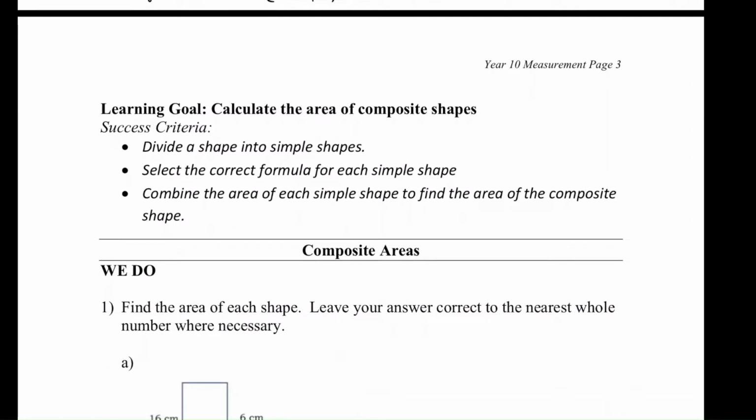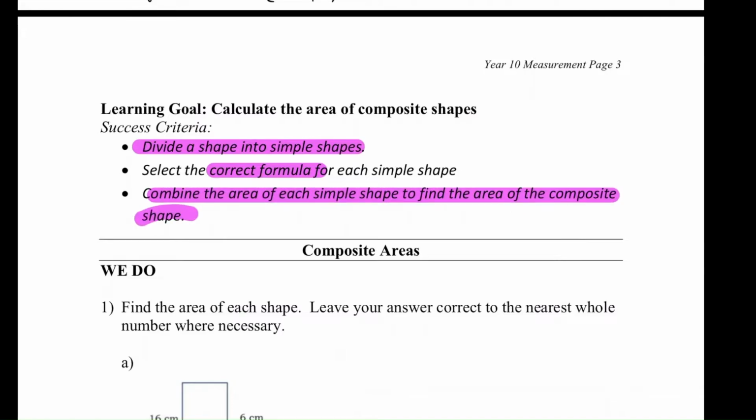So you'll see here in the success criteria basically what I had done for those two diagnostic questions. We divided the shape into simple shapes. And the reason why we did that is so we could use the correct formula for each shape. And then once we knew what all the formulas were, we just added them together to find the area of the composite shape.